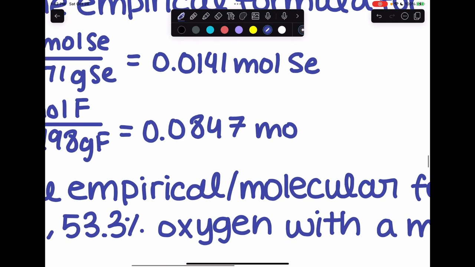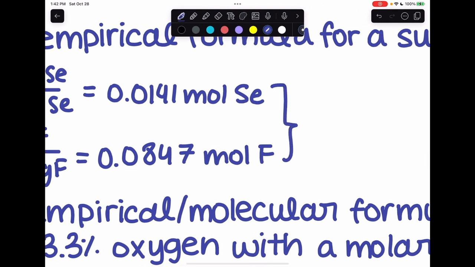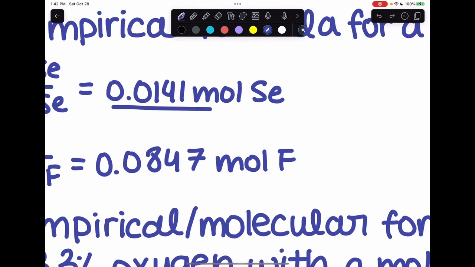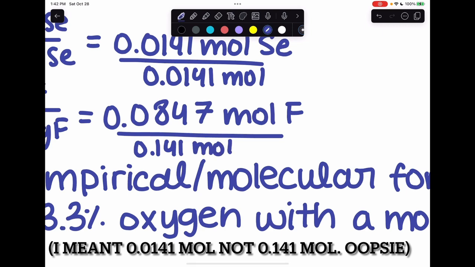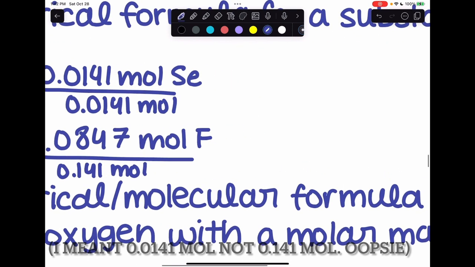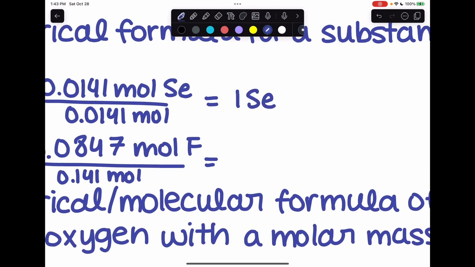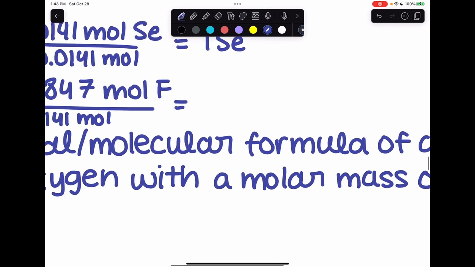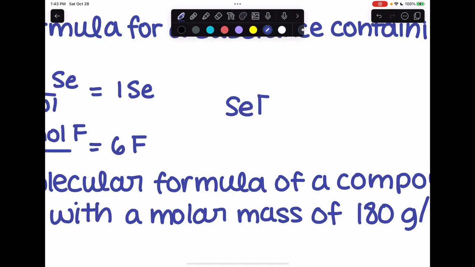Okay, so now that I've converted to moles, like I said, mole to mole ratio, so we're gonna take the smallest number of these two and divide it by both values, to get the ratio between the two. So it's basically calculating for how many moles of selenium there will be moles of fluorine, because there's less selenium here. There's going to be 1 selenium, and here you're going to get about 6 fluorine. So the empirical formula will be this.